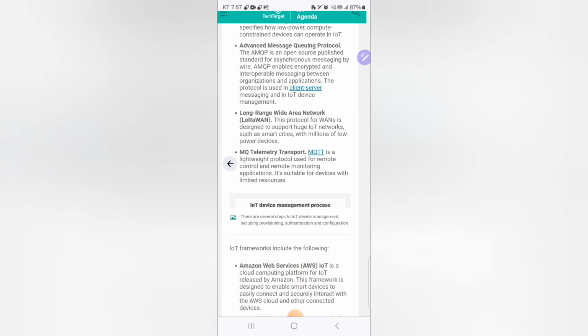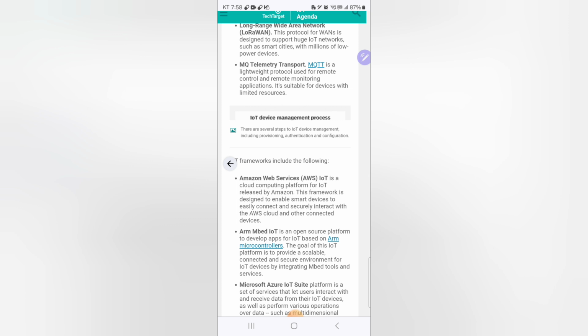It's suitable for devices with limited resources. IoT device management process: there are several steps to IoT device management, including provisioning, authentication, and configuration.